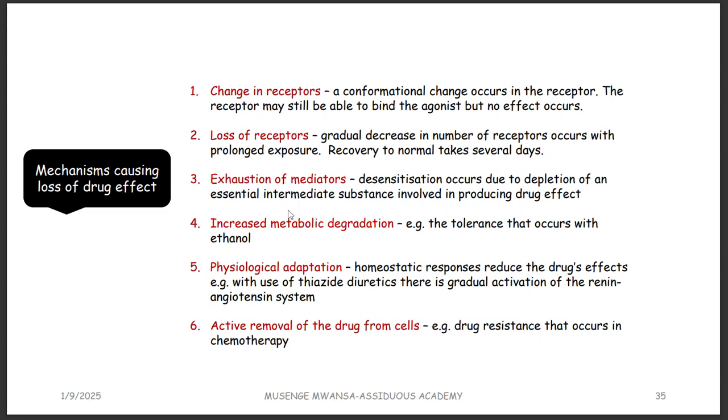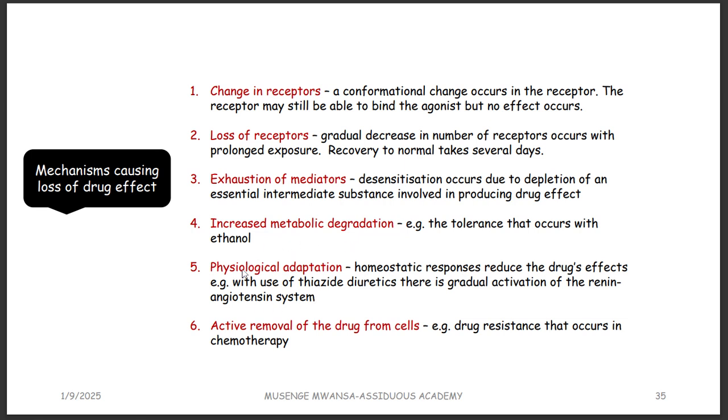When you give a drug, the mediator is supposed to be converted into another form, which acts as an intermediate for action to be seen. But the essential intermediate substances are not being produced, so there is loss of drug effect. Also there is increased metabolic degradation: you give a drug, and quickly that drug is broken down, so it can't show its action.